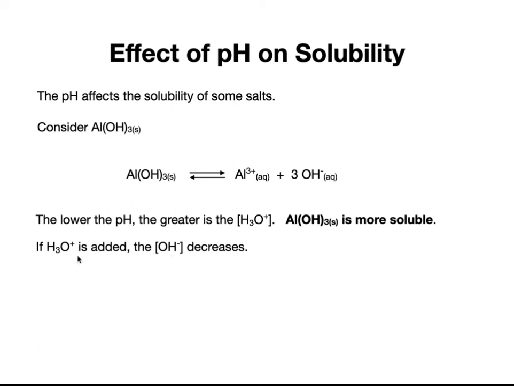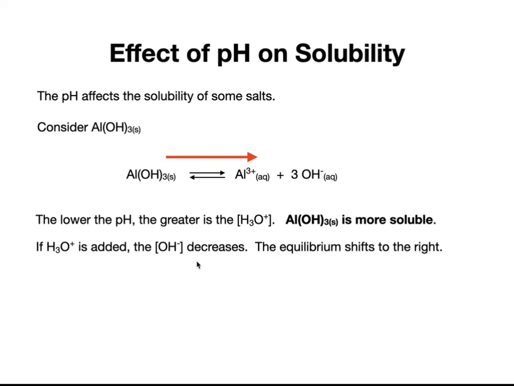Why? Because the hydronium reacts with that, doesn't it? Okay. The equilibrium will shift to the right. If this concentration decreases, Le Chatelier's principle says that the equilibrium will shift to the right. If the equilibrium shifts to the right, more of this dissolves. It is more soluble. The solubility increases.